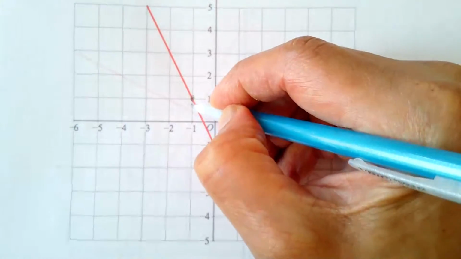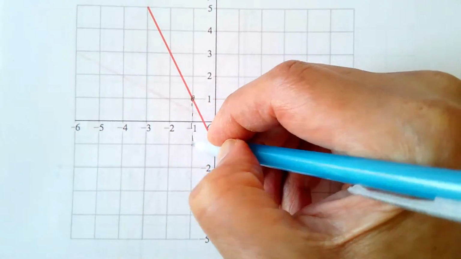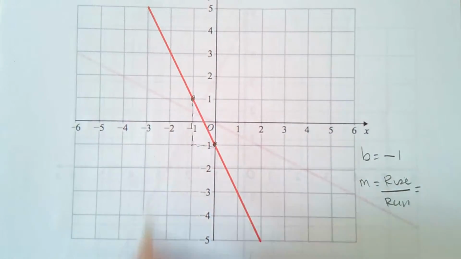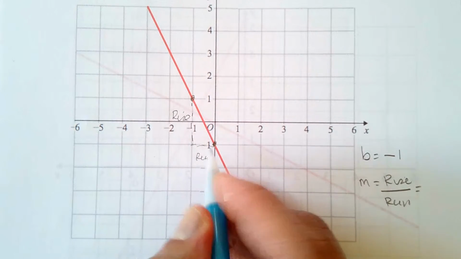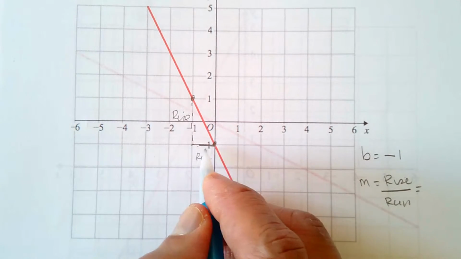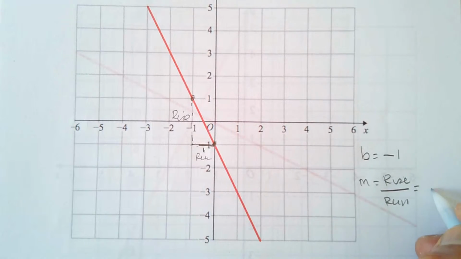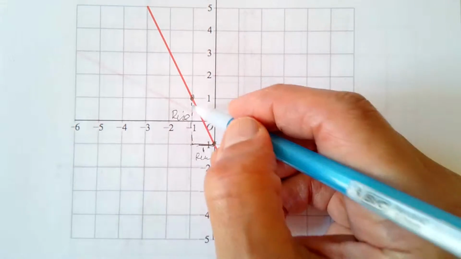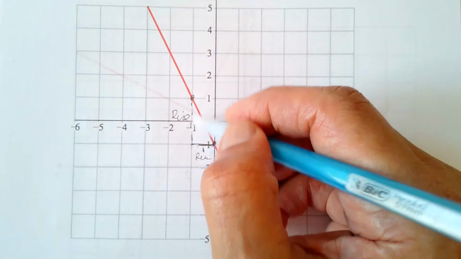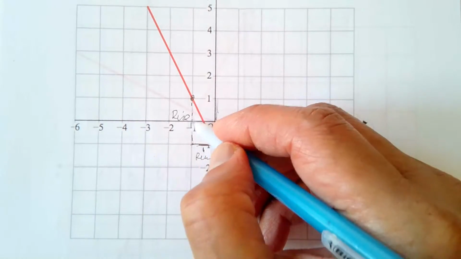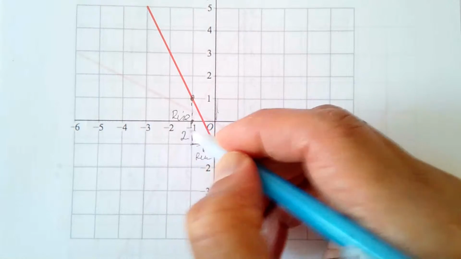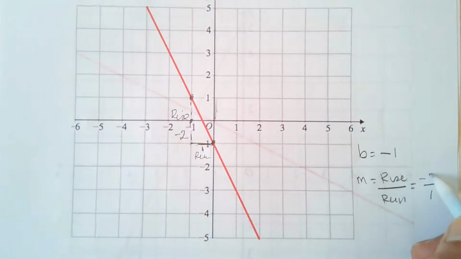Then I'm going to construct my rise and my run. Your run here is 1, write it down as 1. My rise is actually going down here, going down 1, 2. Look at my scale here. So it's -2 over 1.